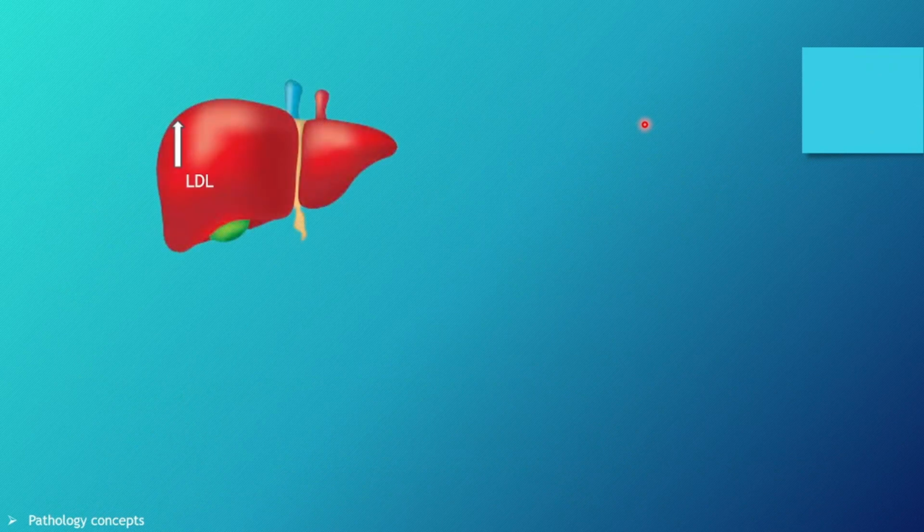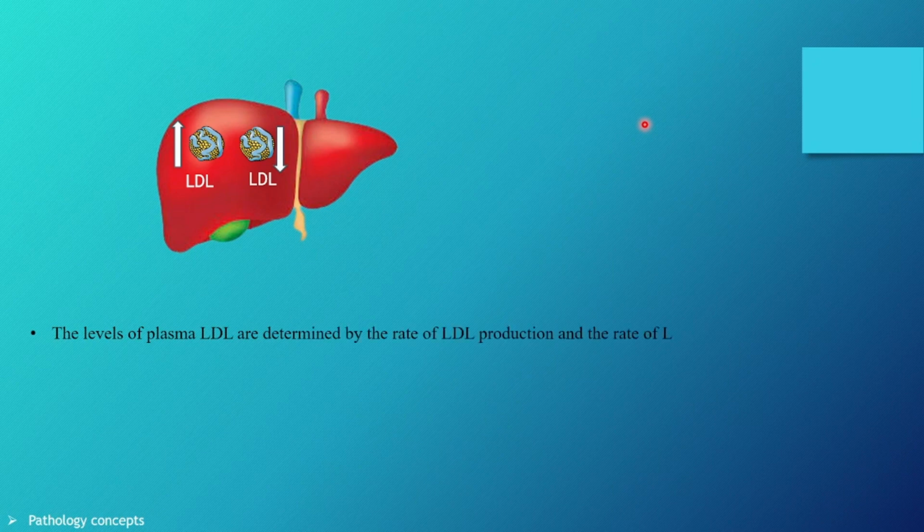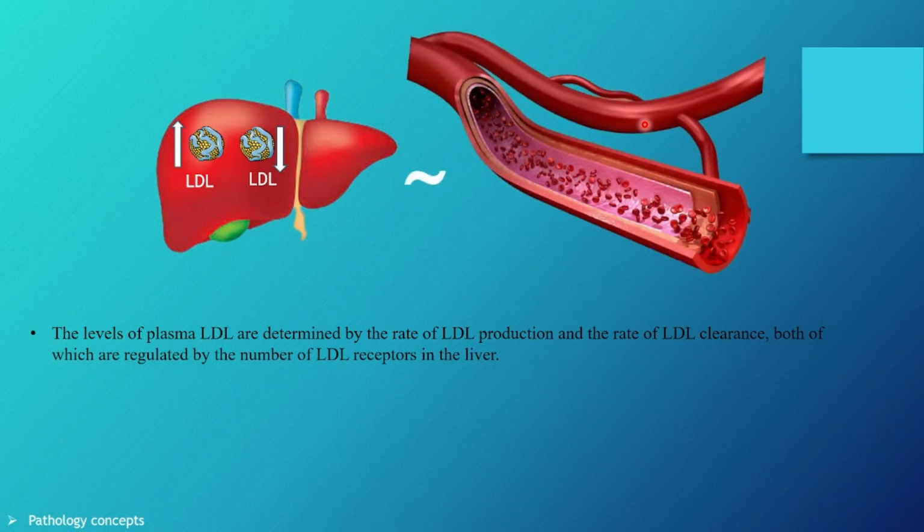Let's understand the LDL concentration in the blood. The levels of plasma LDL are determined by the rate of LDL production and the rate of LDL clearance, both of which are regulated by the number of LDL receptors in the liver.